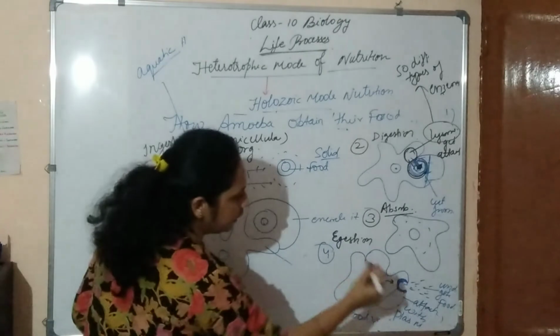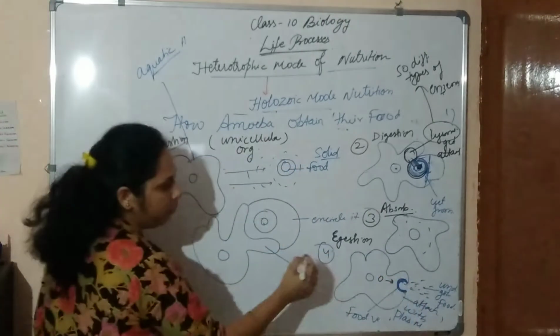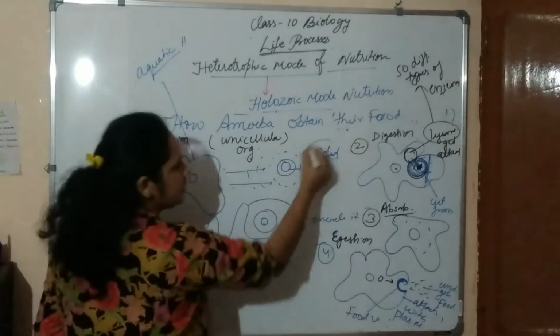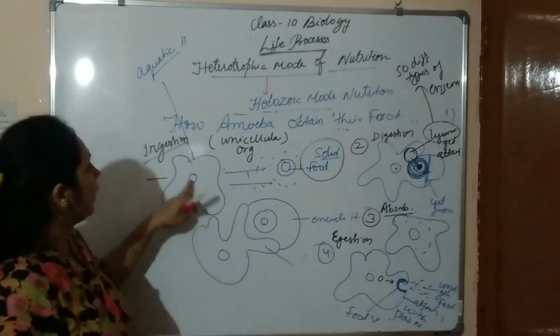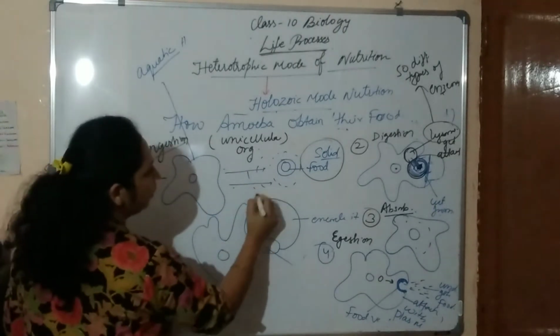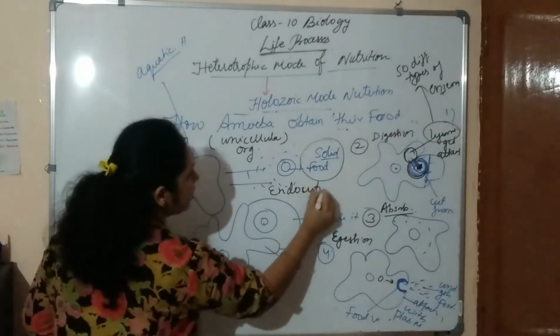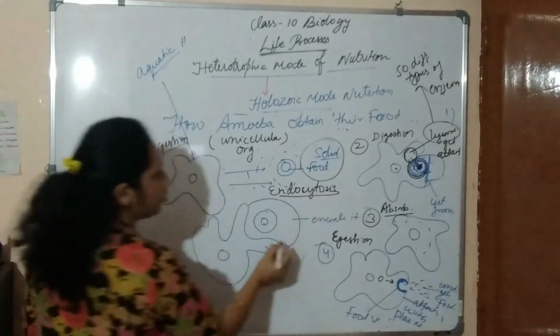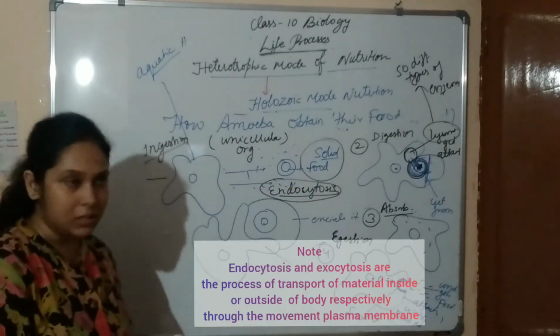Now, focus a little on some terms. When the food is solid, the process through which the amoeba takes the food is called endocytosis.